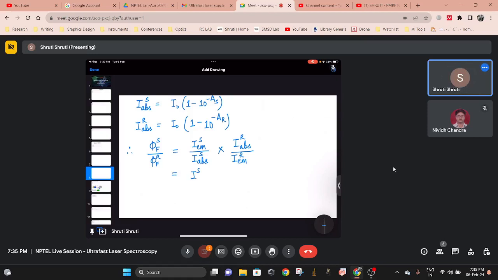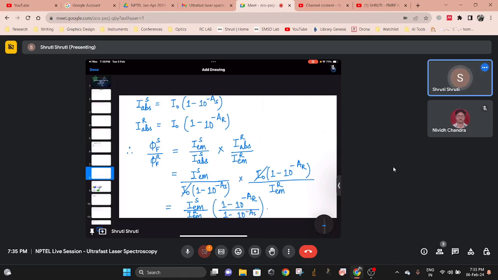Now this initial excitation intensity is cancelled, and we get the intensity of emission of the sample divided by the intensity of emission of the reference, into 1 minus 10 to the power minus AR divided by 1 minus 10 to the power minus AS. So this is the expression.